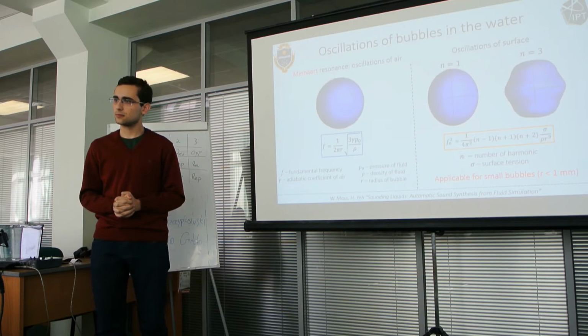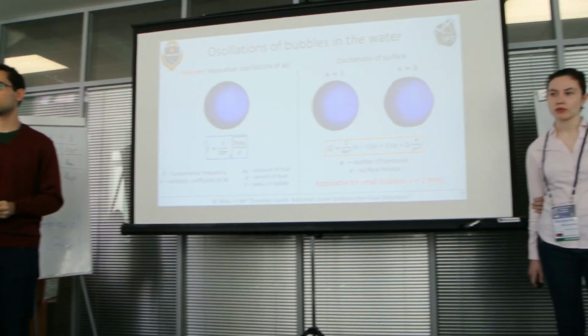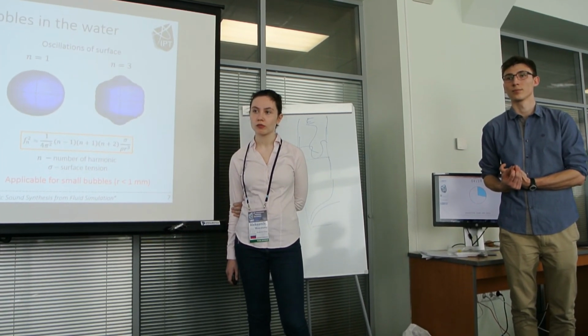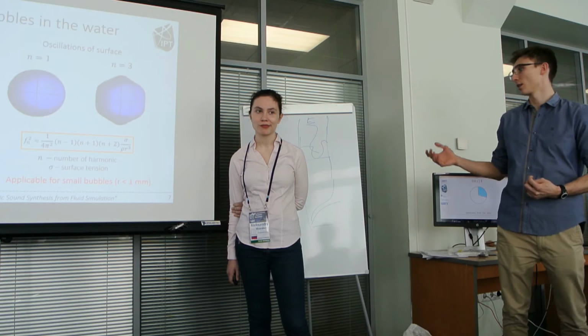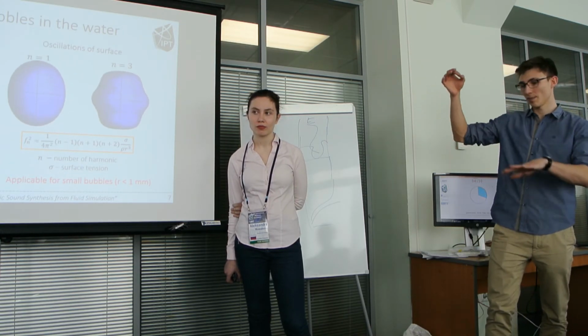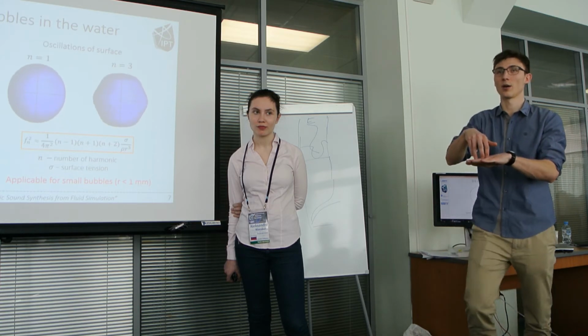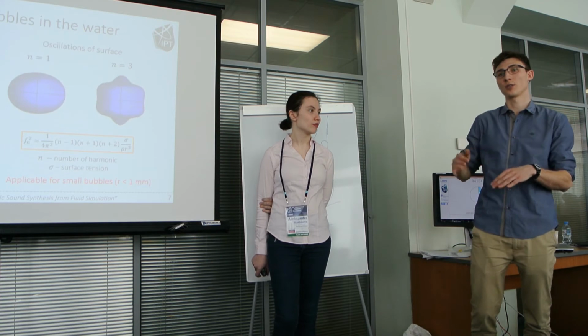I'd like to ask the opponent and then the reporter, what is your answer to the question, why doesn't this method work with glycerin? Because glycerin doesn't make bubbles. Why? Because when it's hitting the surface, there's no turbulent flow.